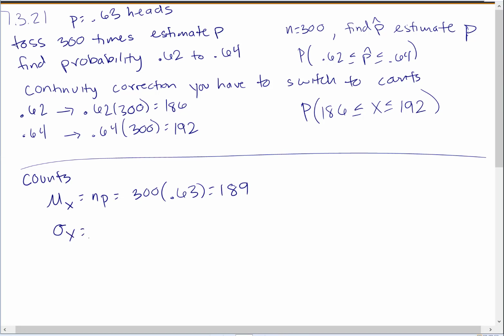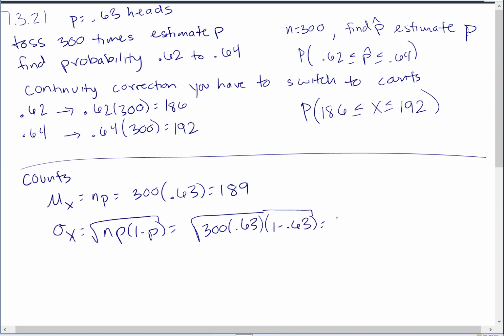The standard deviation is equal to the square root of n times p times 1 minus p, which is equal to the square root of 300 times 0.63 times 1 minus 0.63, which is 8.36. Okay, so we found our new mean, we found our new standard deviation. That's what you do every time you want to use a normal distribution for any problem.